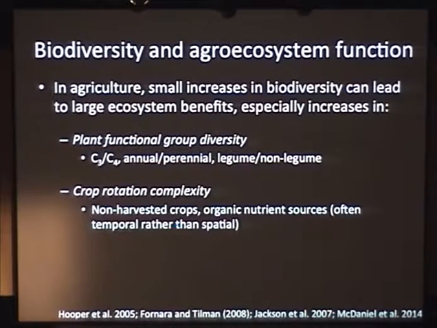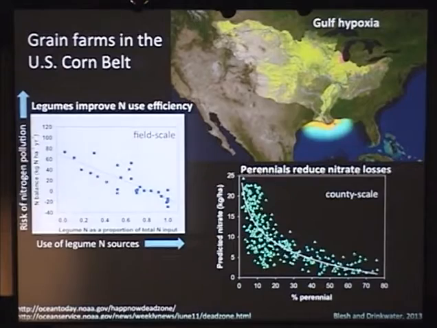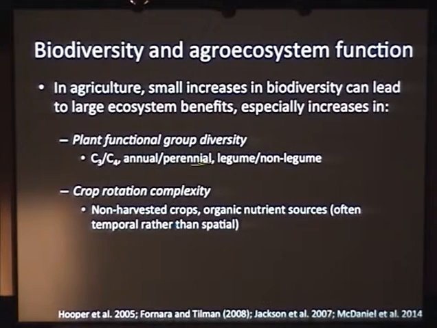So thinking about increasing biodiversity in agriculture, they tend to be pretty low biodiversity systems, especially in dominant contexts. So small increases in diversity of agricultural systems can actually lead to pretty large benefits for ecosystem function, particularly if we increase the diversity of functional groups. These would be familiar to plant ecologists in the room.